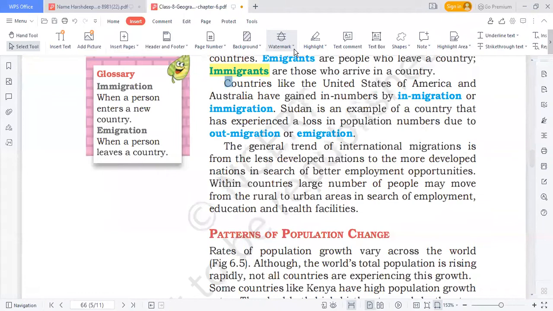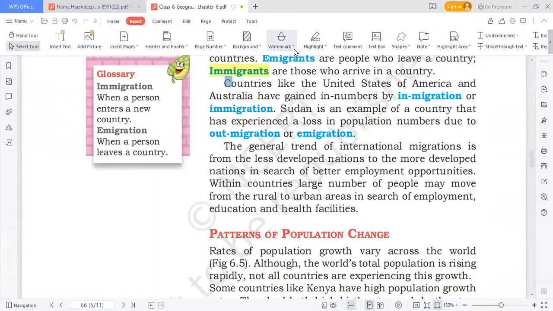I am again repeating: illiteracy, unemployment, social insecurities. Social insecurities means crime against women is higher. In such areas, the population does not prefer to live.